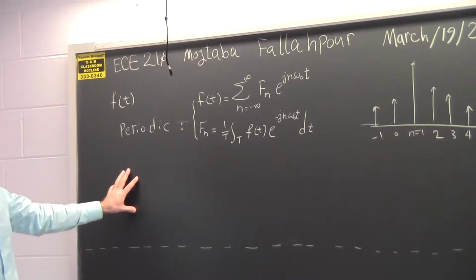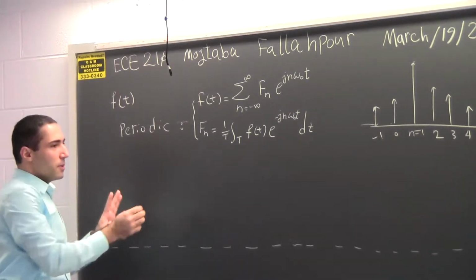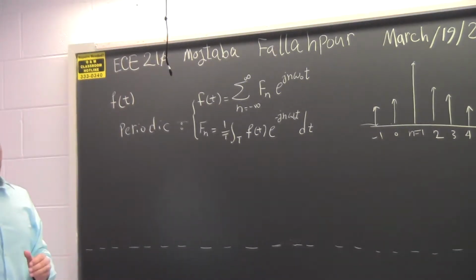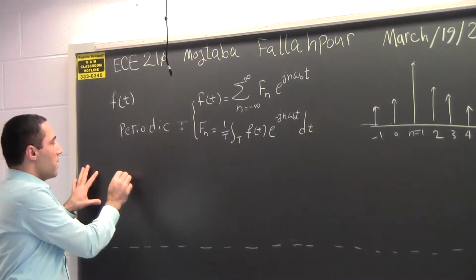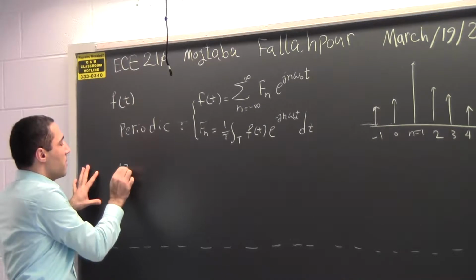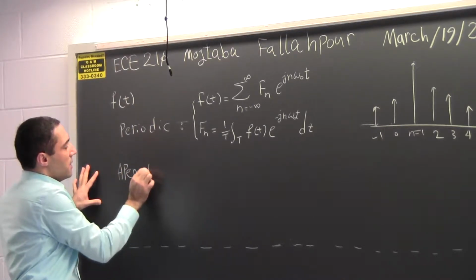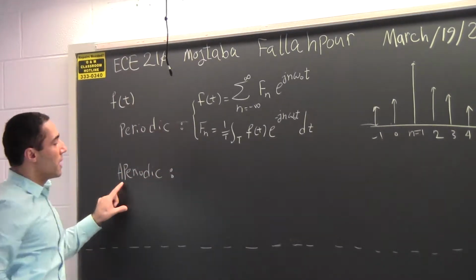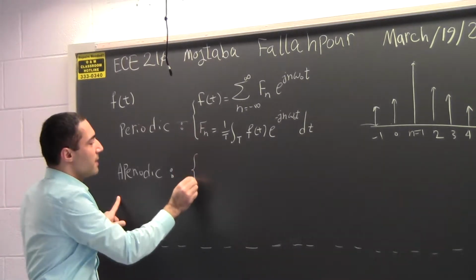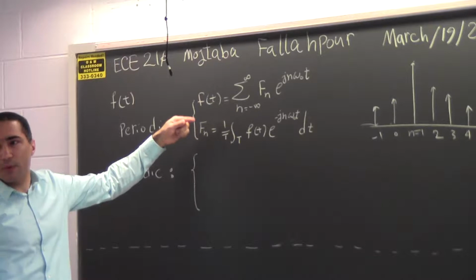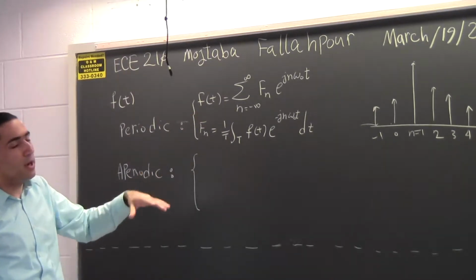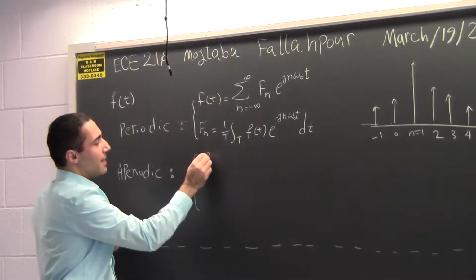Then yesterday I introduced another kind of signal, which was no longer periodic, and it was called aperiodic. For aperiodic signals we learned that we can still extend the Fourier series to what we call the Fourier transform.